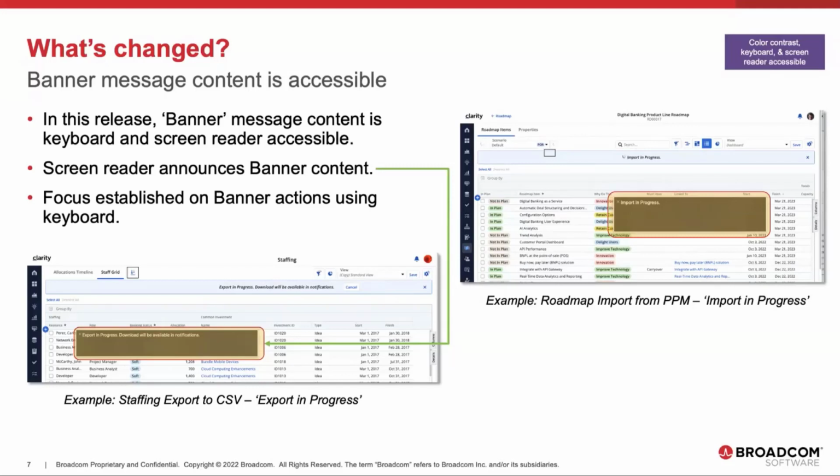So this is the screen reader window announcing just that. On the right-hand side is a very simple example of the import process. You're on a roadmap grid and you want to bring some more investments in, whether they're custom investments, projects, or ideas, but nevertheless, the system is announcing what is in the banner.